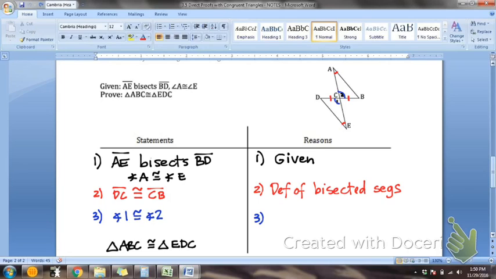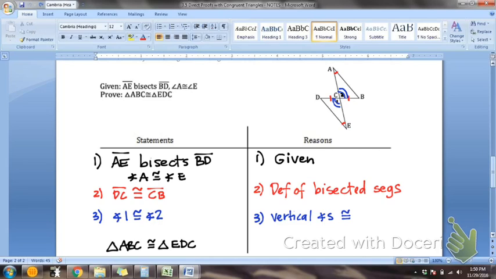Okay. Vertical angles, and you can use your angle symbol, are congruent. We should have marked this with 2 arcs because we already had 1 arc marked.